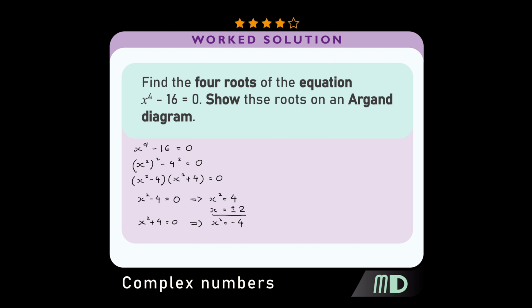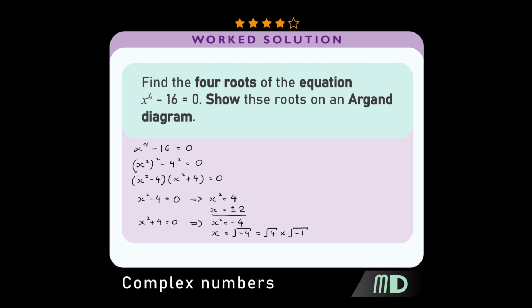And by taking the square root of each side, x is equal to the square root of minus 4. The square root of minus 4 is equal to the root of 4 multiplied by the root of minus 1. Given that i squared is equal to minus 1, i is equal to the root of minus 1.